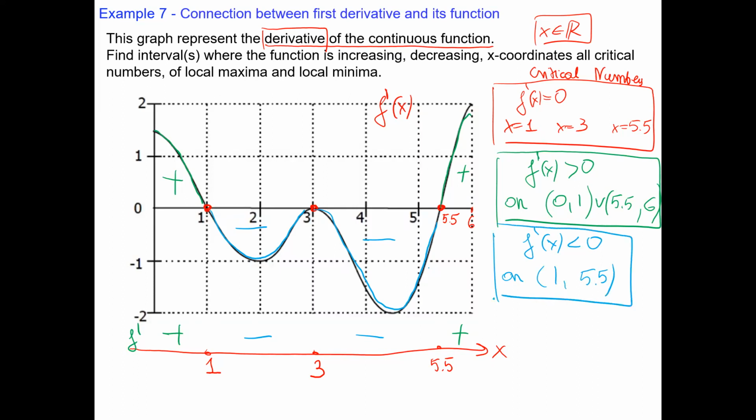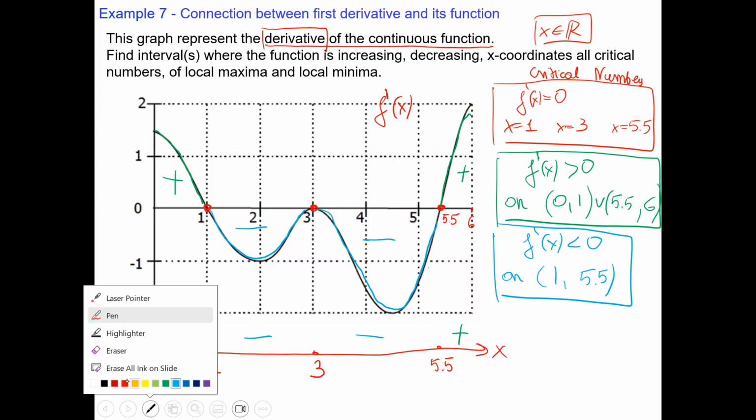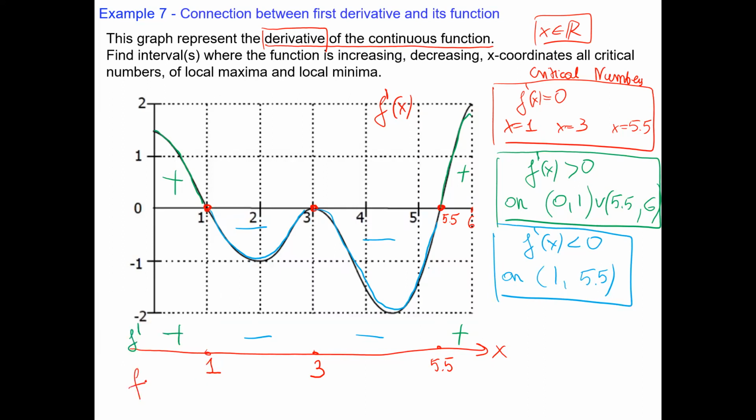And respectively, the function that we don't really see is increasing, decreasing, decreasing, increasing. At x equals 1, the function attains a local maximum. At x equals 5.5, the function attains a local minimum.